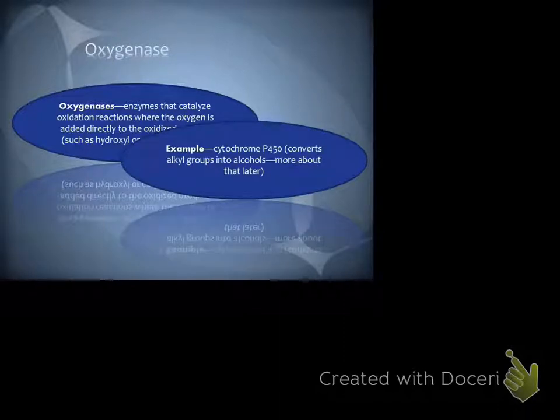So an example is cytochrome P450, which we'll talk a little bit more about. There are families of these cytochrome P450s, but it takes an alkyl group or an alkane and turns it into an alcohol, which is really nice for us. And since the oxygen got incorporated directly into what had been the alkane, it would be an oxygenase.